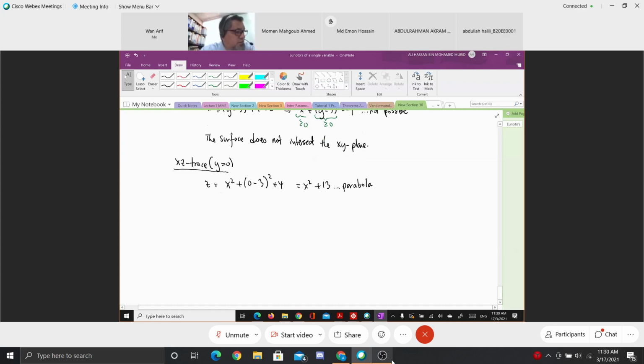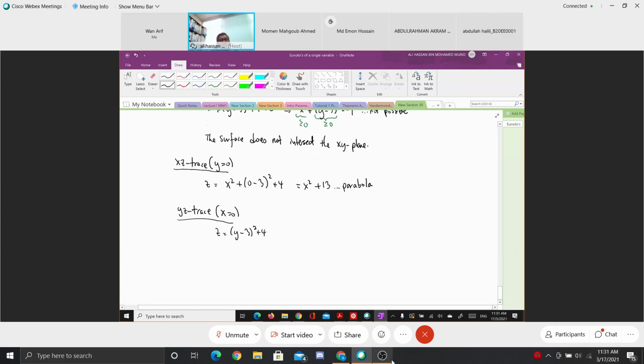Okay. What about the yz trace? We set x equal to 0 here. So we get z equal to (y minus 3) squared plus 4.